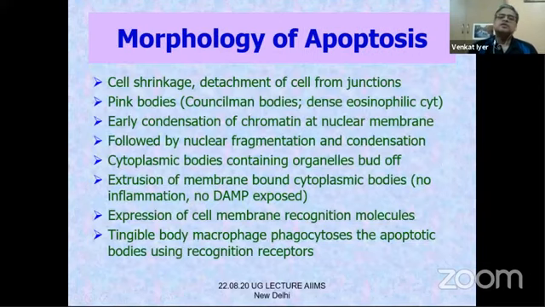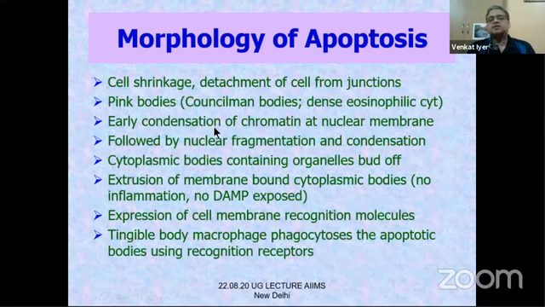To summarize the morphology of apoptosis, there is cell shrinkage and detachment from cell junctions. They turn pink, and in pathology, as you study many topics, for example in liver, you will call them Councilman bodies. Similarly, lots of names are given to the bodies which you get in different types of diseases. They have a dense eosinophilic cytoplasm.